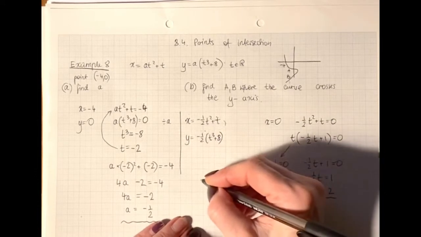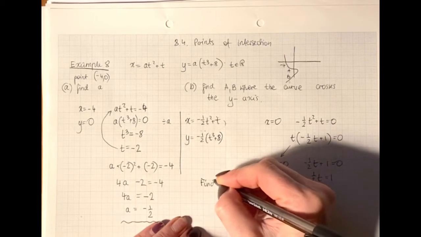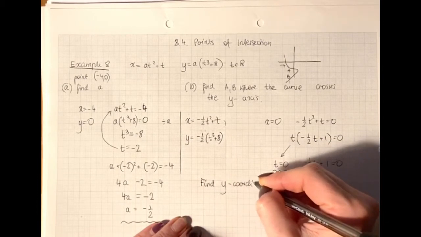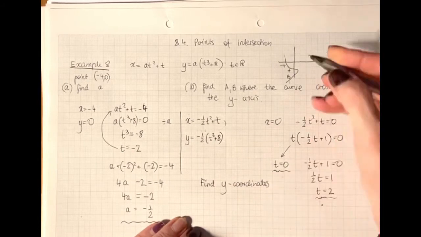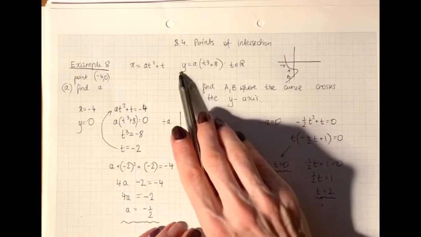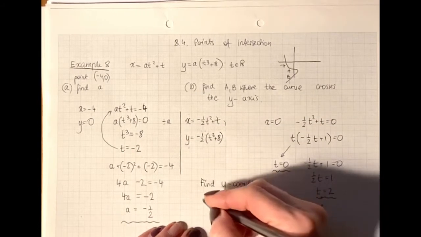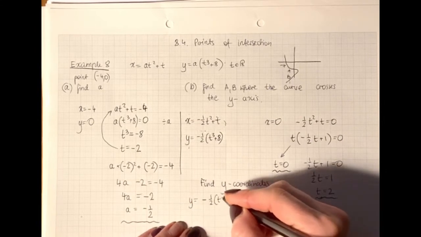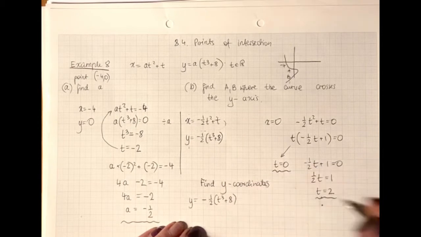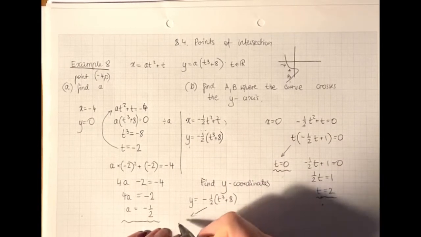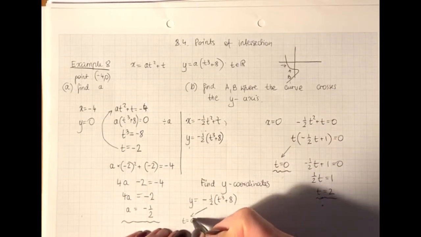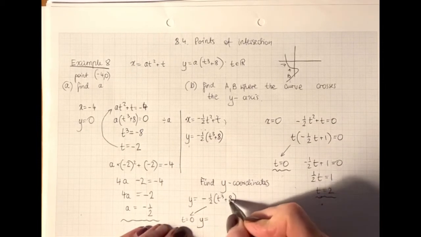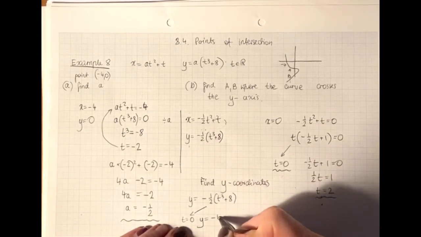So let's find the y's, because we obviously know that the x-coordinate is 0. So the y function is -1/2 t cubed plus 8. So let's substitute t equals 0. That gives me y equal to -1/2 times 0 plus 8, so -4.